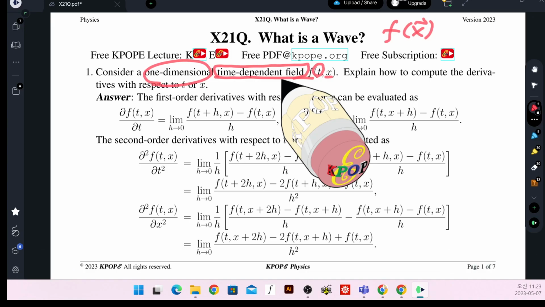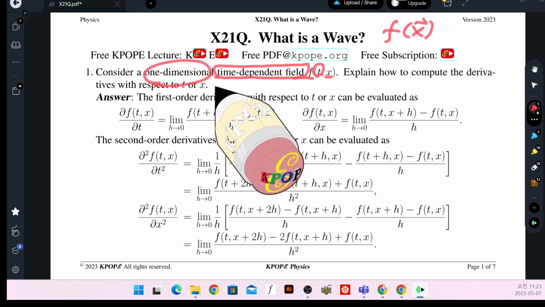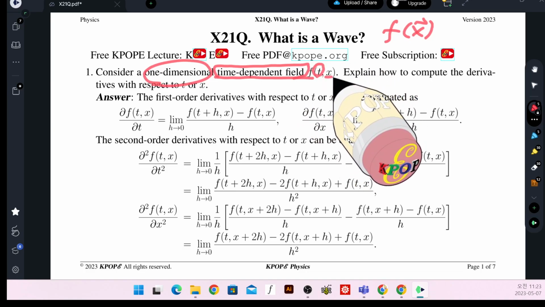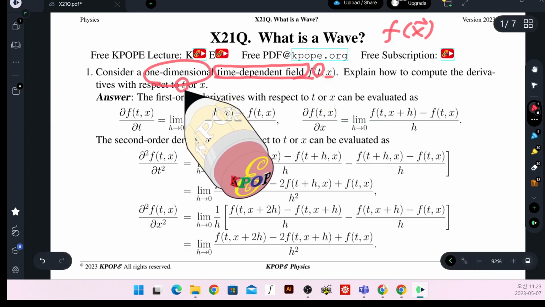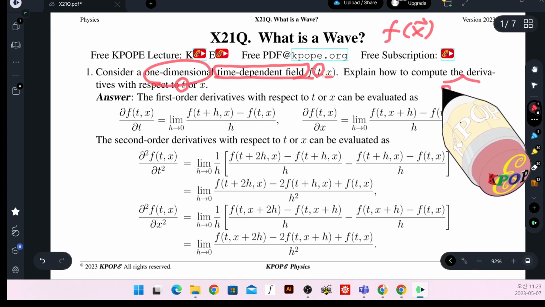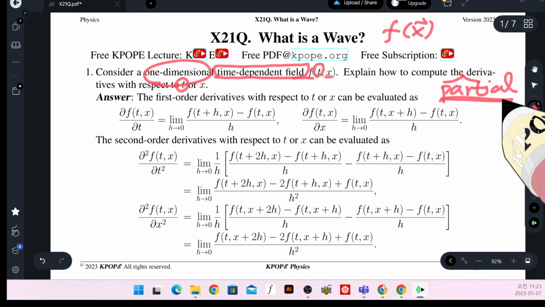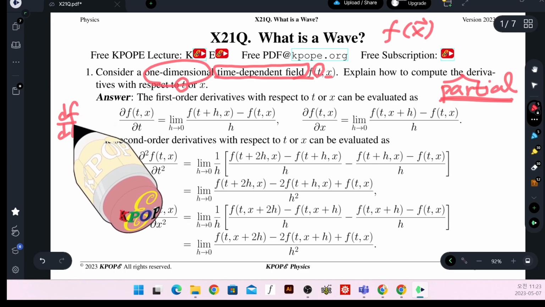Explain how to compute the derivatives with respect to t or x. This one shows that a function is a multivariable function that involves many variables. In that case, the derivative with respect to a single variable is called a partial derivative. We do not use df over dt.